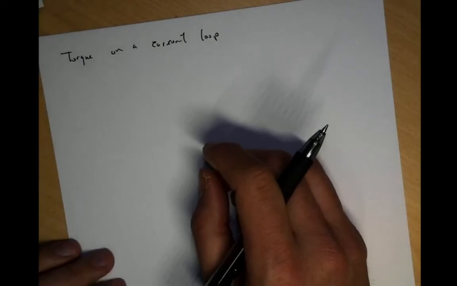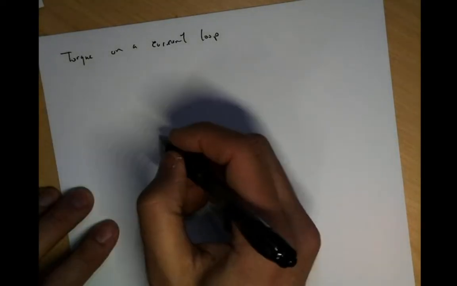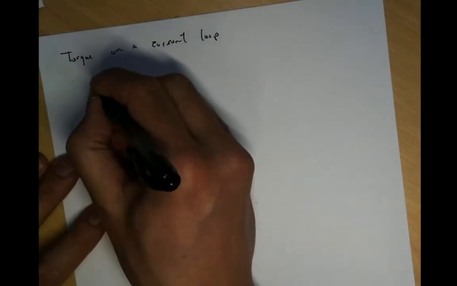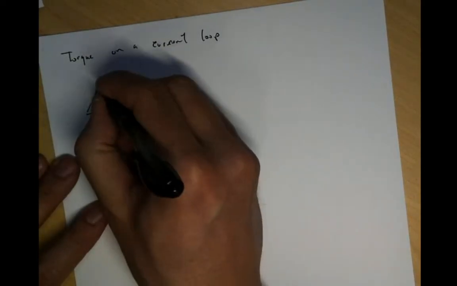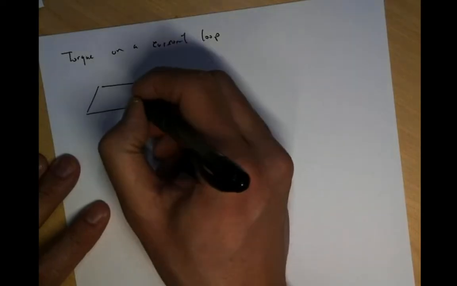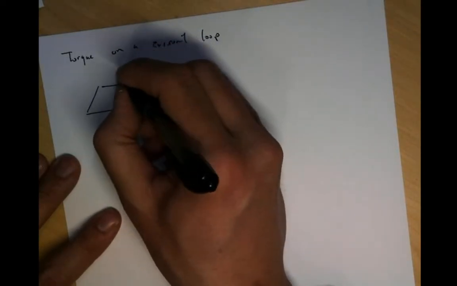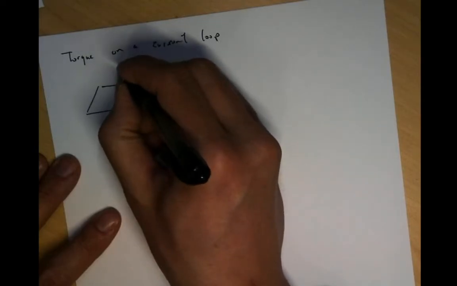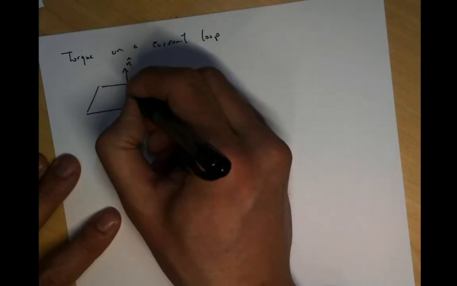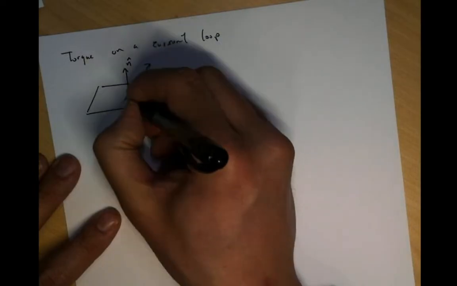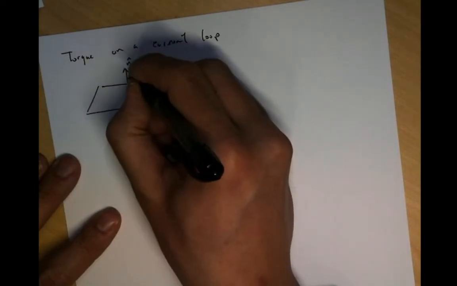Okay, so what I'm going to do is redraw everything, and we're not going to consider the ones on the side, just to make our lives a little simpler. All right, so let's see. There's my normal vector here. There's my angle of the B field, theta again.